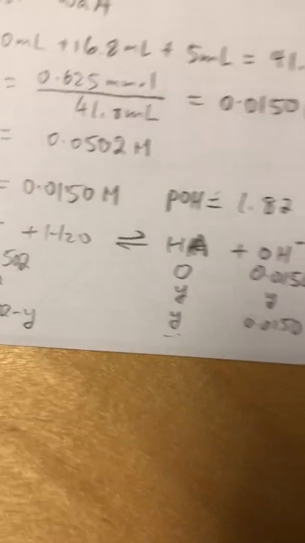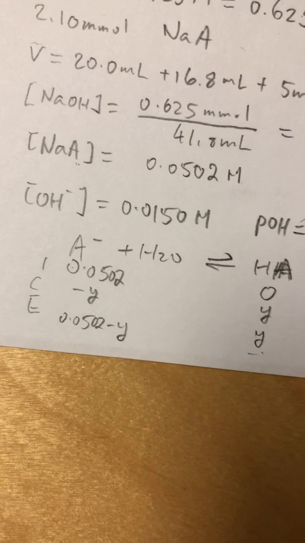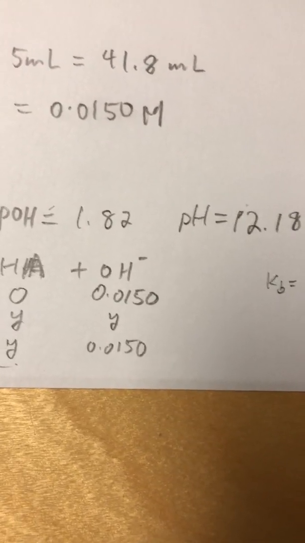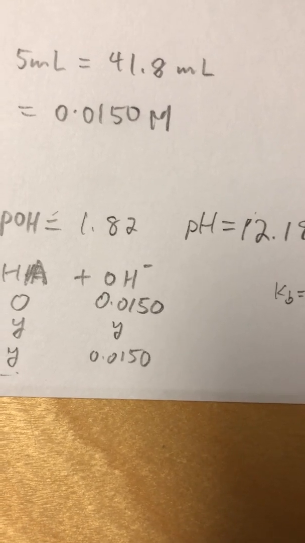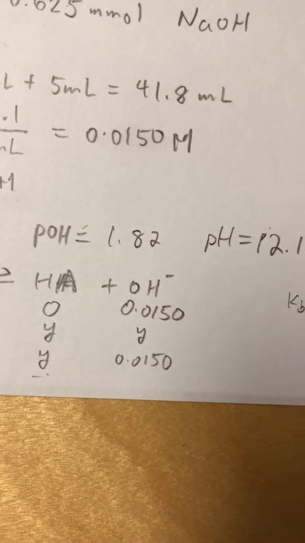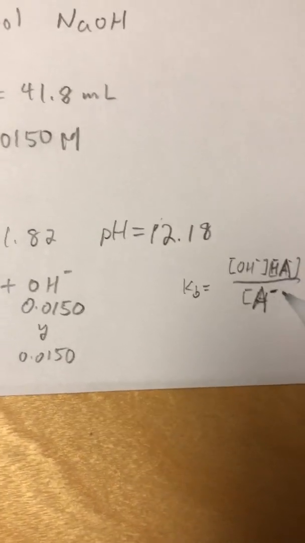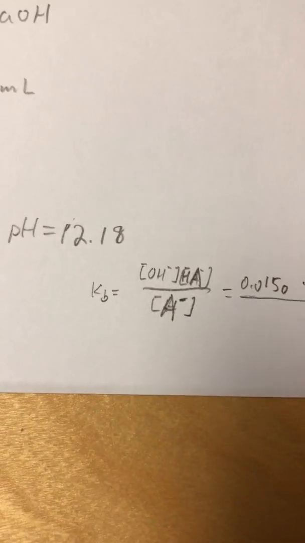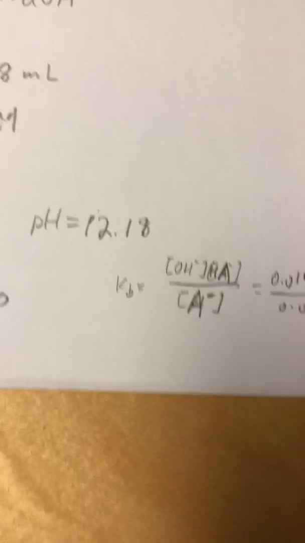Let's assume the contribution of y is small. Then you have Kb equals the hydroxide concentration times HA over A minus, well, equals 0.015, assuming y is small, multiplied by y, divided by 0.0502.